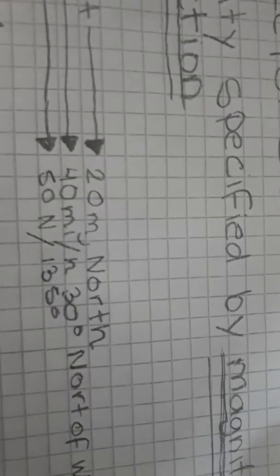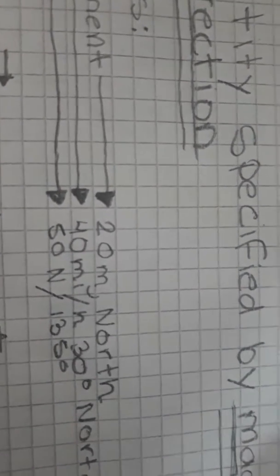The guy hiked 20 meters north to the mountain, so we know how far and where he traveled. Velocity, 40 miles an hour, 30 degrees north of west. So we know how fast the car is going and where it is going. Force, 50 newtons at 135 degrees. So we know where the force is being applied and where it is going.